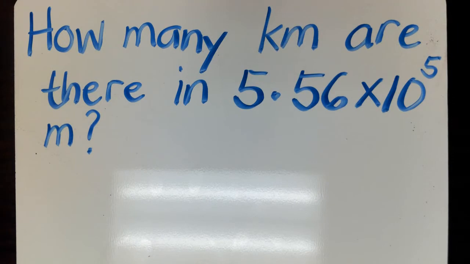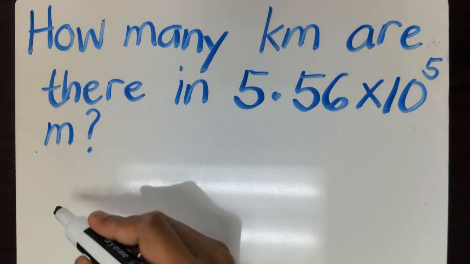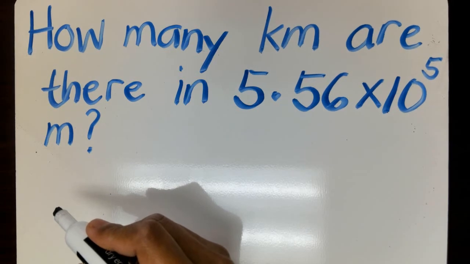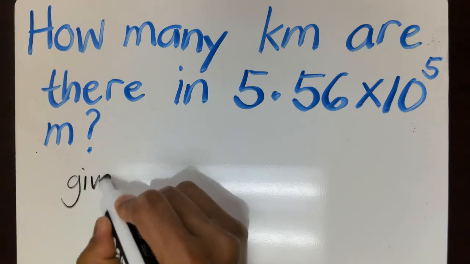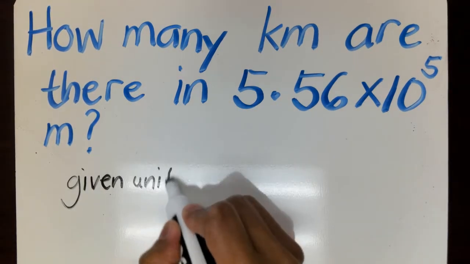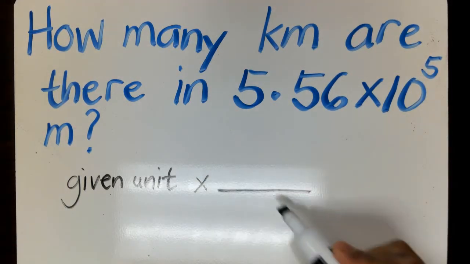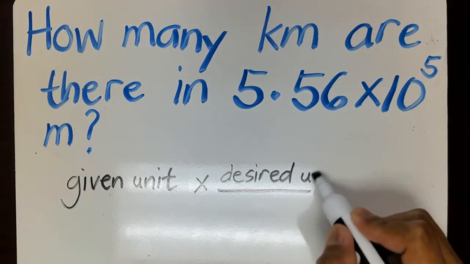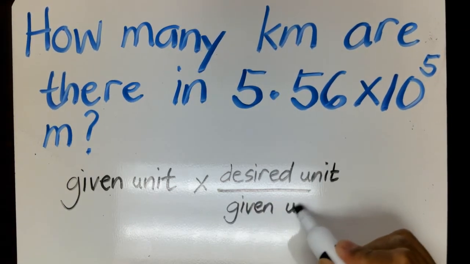And so you know that if you are dealing with conversion, let's go back to what we've talked about. The format for the dimensional analysis or the factor label method to approach a conversion problem is you always begin with your given unit multiplied by the desired unit over the given unit.